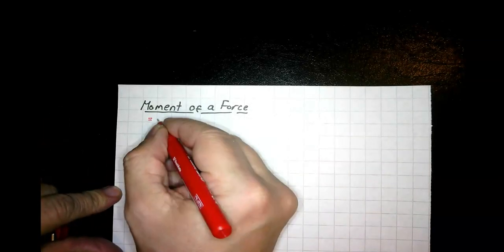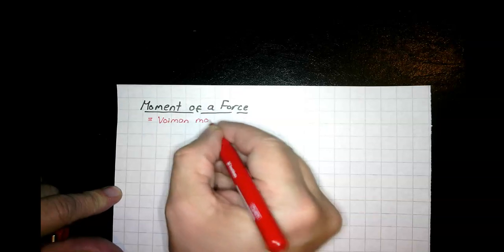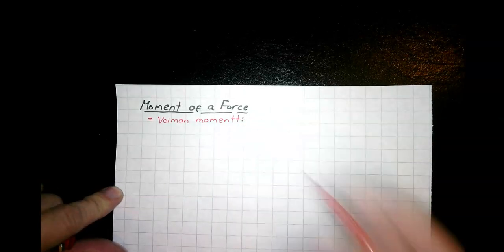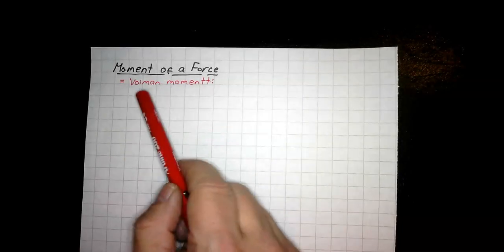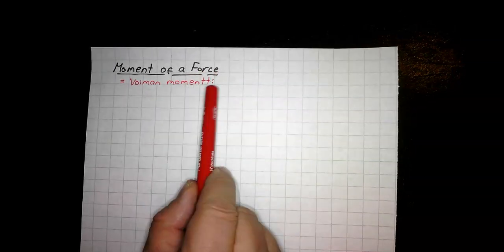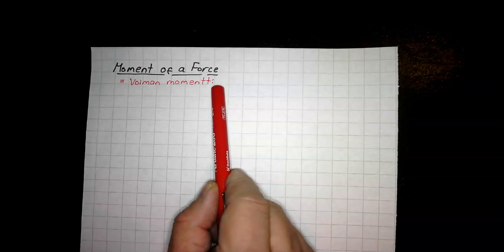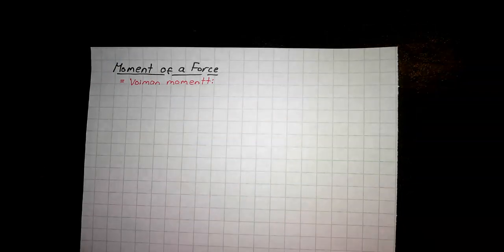In Finnish, voiman momentti, and you can probably understand which word is moment and which word is force, so it is in the opposite direction. Voima is the same as force, and moment is the moment. Again, I letter in the end of the word. We get the Finnish word from moment.